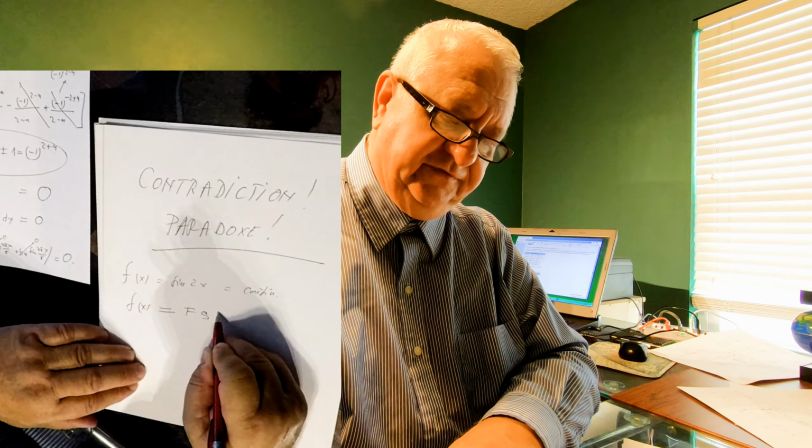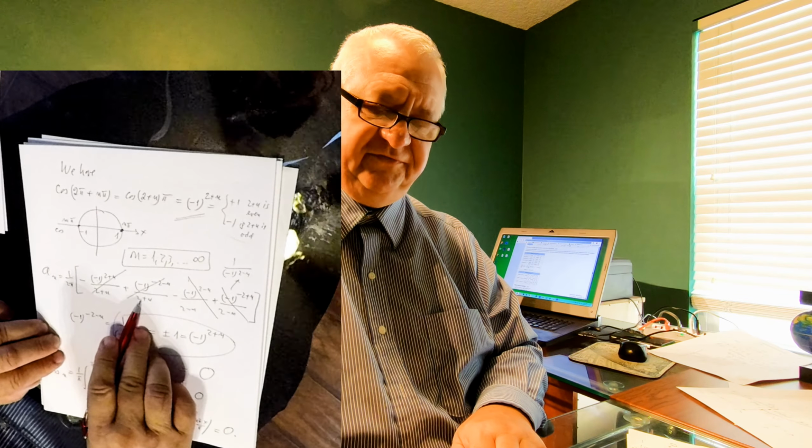Let's go back. One page back, the result is very simple. Look again at the formula for the calculation of an. The first two fractions are okay, because the denominator is 2 plus n, and n can be 1, 2, 3, all the way to infinity. So 2 plus n is never 0.